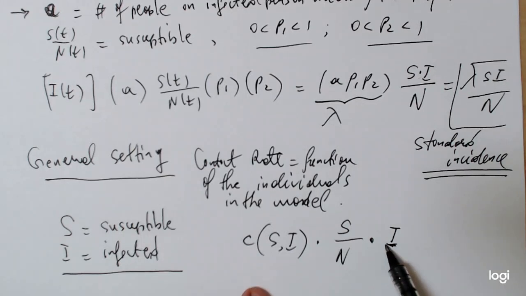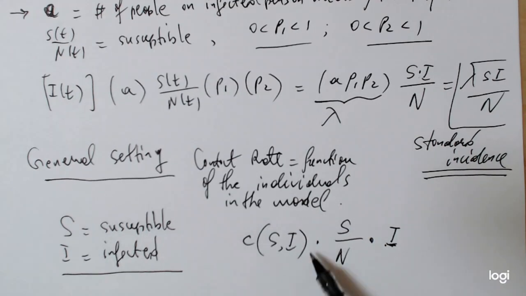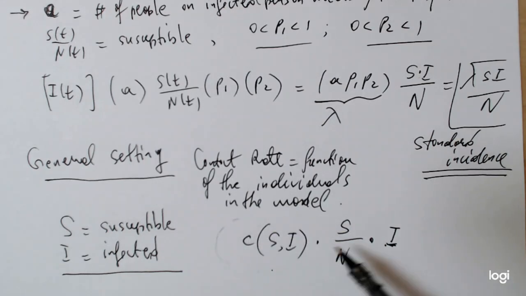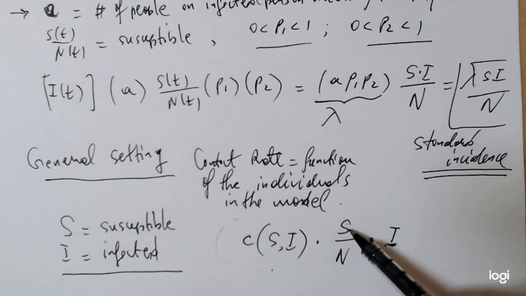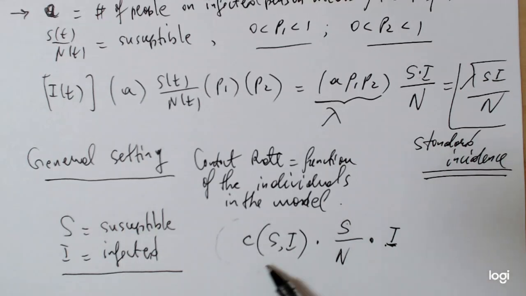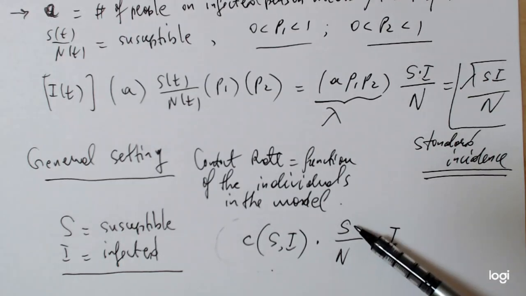Each of them makes connections with a certain number of people and then transmits the infection with various probabilities. All of these are lumped into this function, and then the probability of meeting a susceptible is S over N. You can always keep this separated because it's always the same. No matter how fancy you make this contact rate, the probability that each person met is susceptible is S over N.